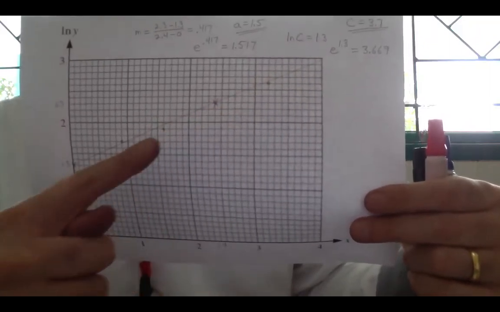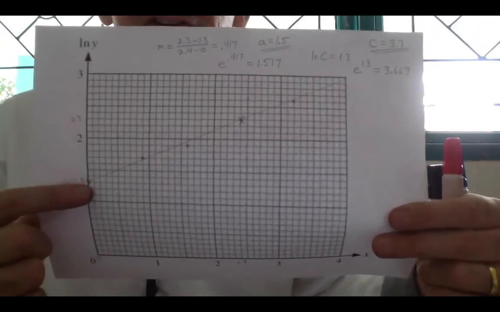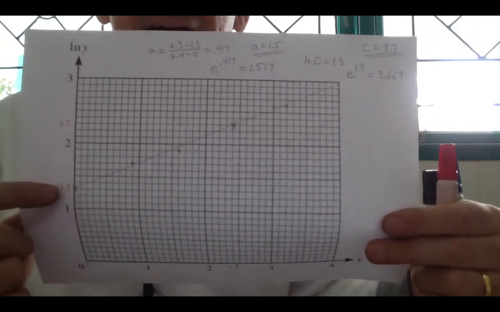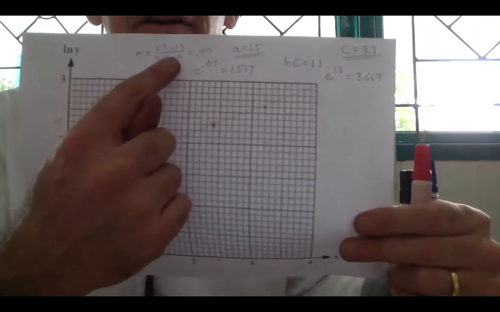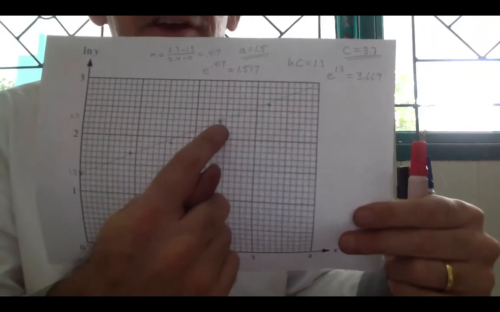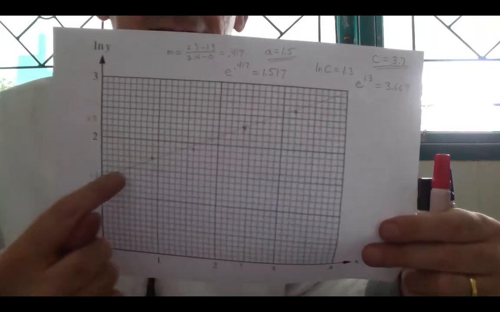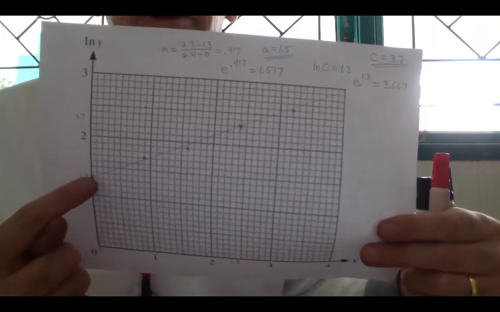I put in what I thought was a line of best fit. And notice that my y-intercept is exactly at 1.3. I also calculated the slope. I used this point right here, which appears to be right on the line, and I also used the y-intercept, which appears to be quite accurate as well.